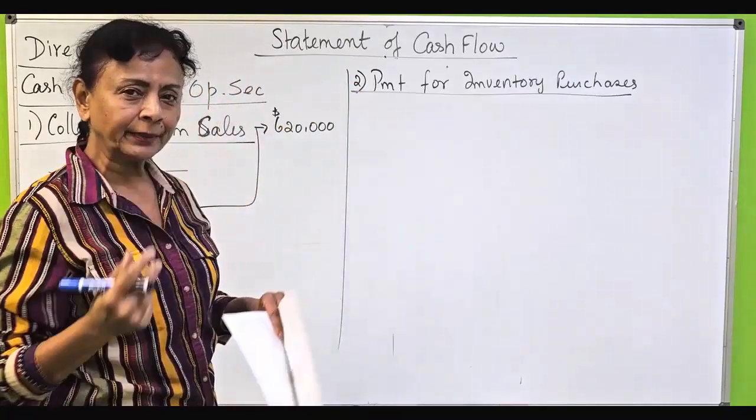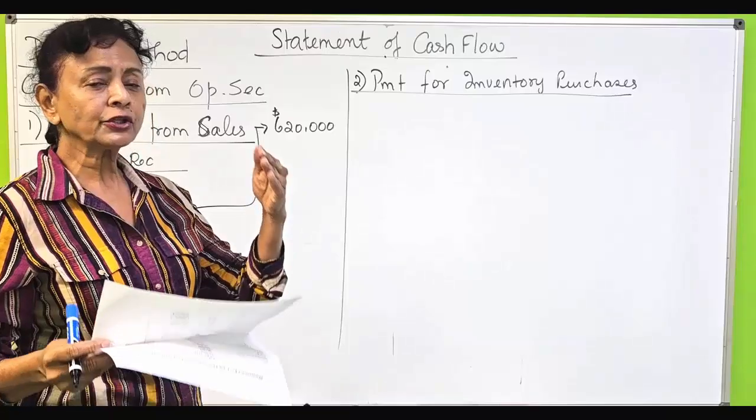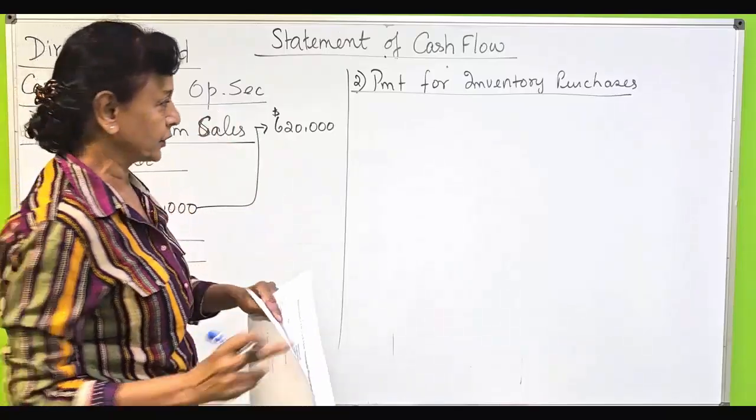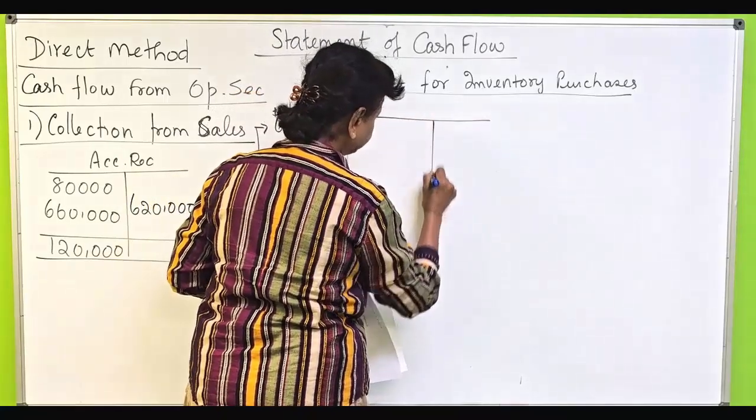This is a 2-step calculation. First, you have to calculate how much inventory they purchased. So first, you go to your inventory account.